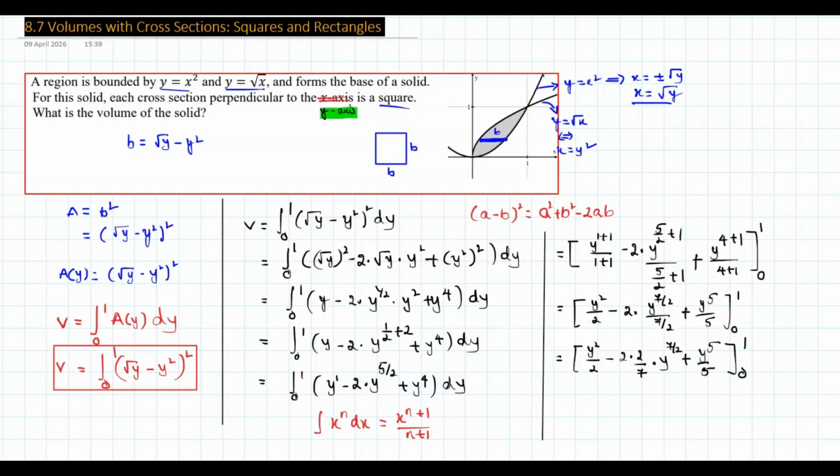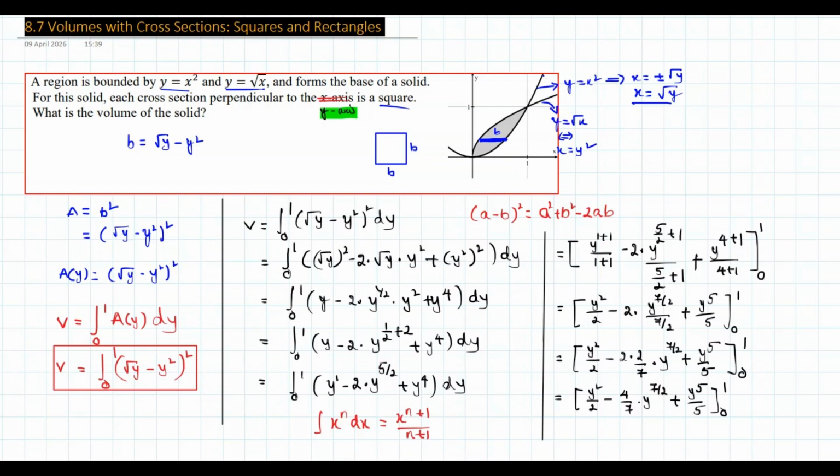And so this equals y squared over 2 minus 2 times 2, which is 4 over 7, y to the power 7/2, plus y to the power 5 over 5, from 0 to 1.